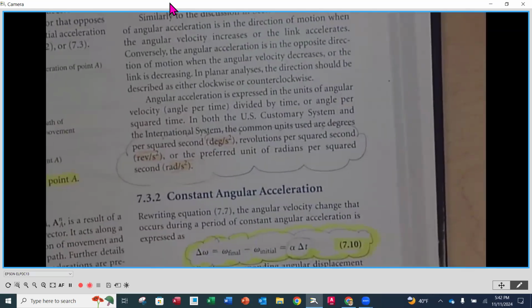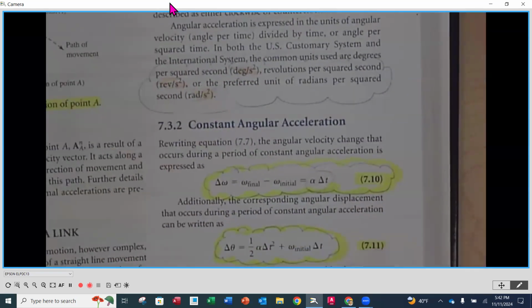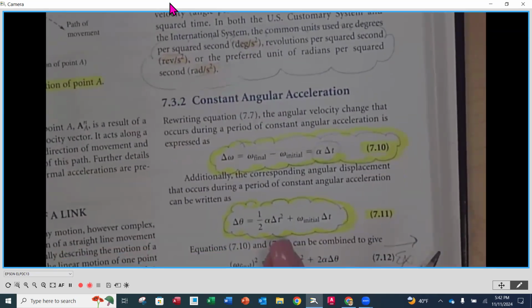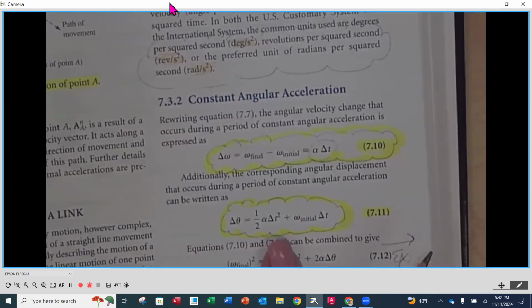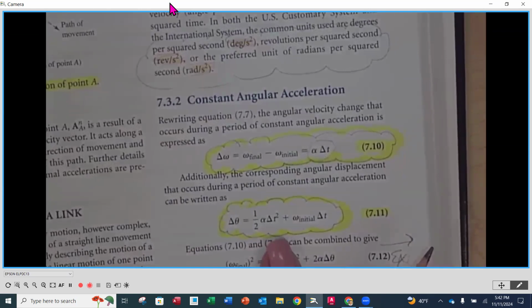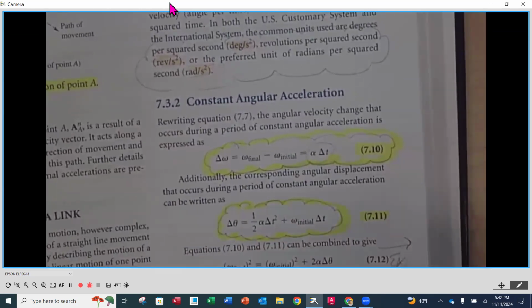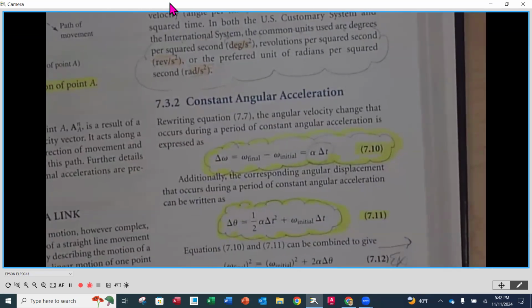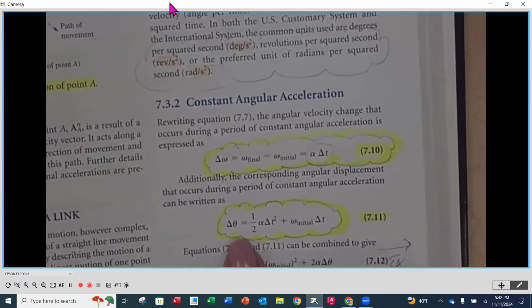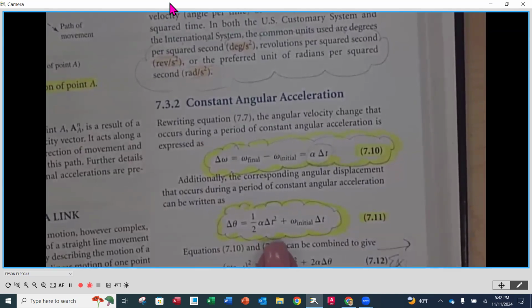Now, when we want to start looking at angular distance, or angular displacement in terms of either revolutions or degrees, we can determine how much we have rotated by using a very similar equation to straight line distance under acceleration.